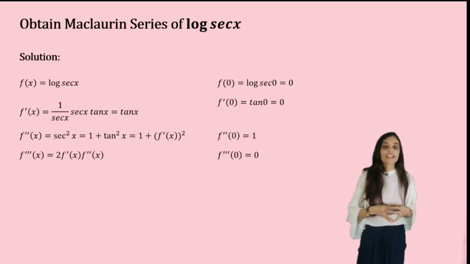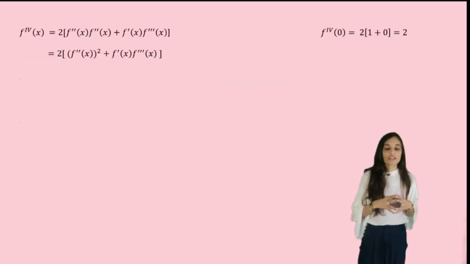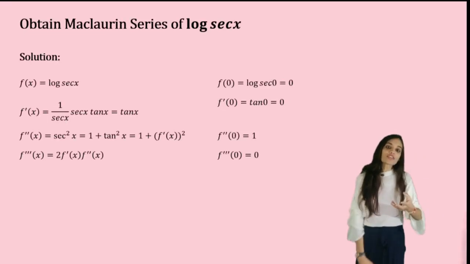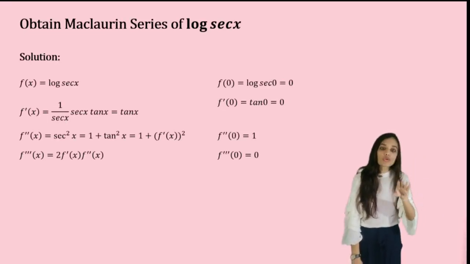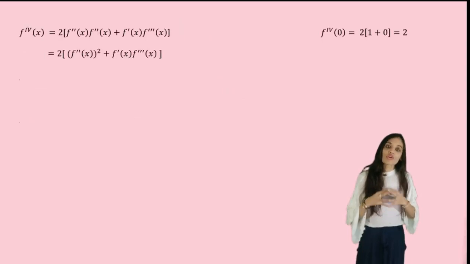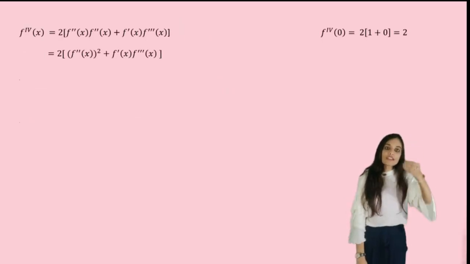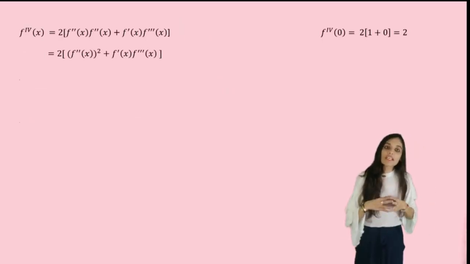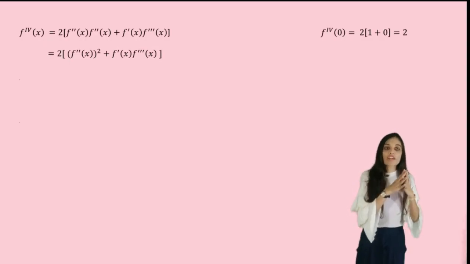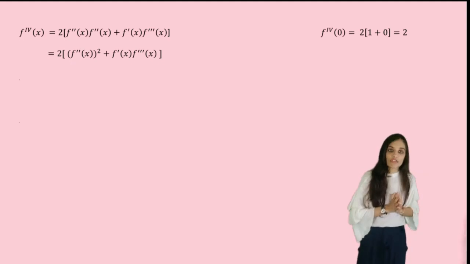So now let us find our fourth derivative of f of x. The fourth derivative we will find using the third derivative, and we will apply the multiplication rule of derivatives, that is the u into v rule. So f4 of x, we will keep 2 outside, that will be equal to f double dash of x whole square plus f dash of x into f triple dash of x.